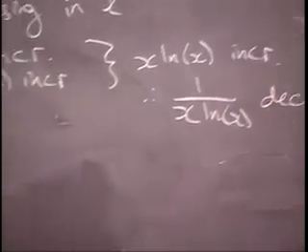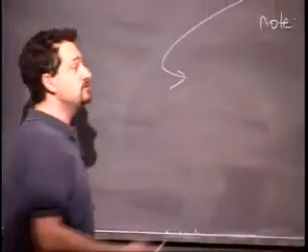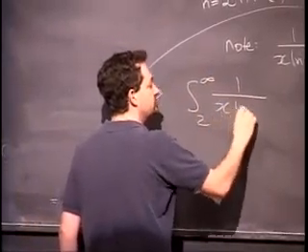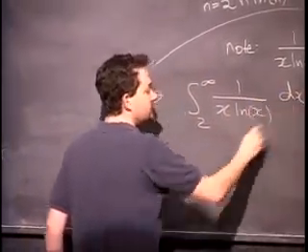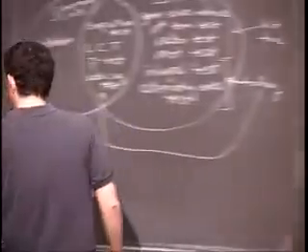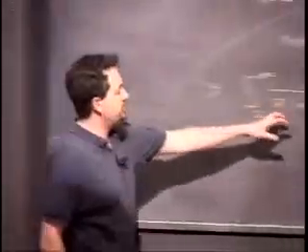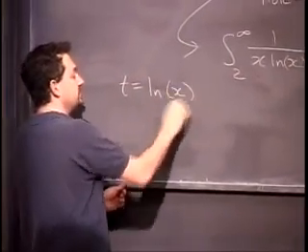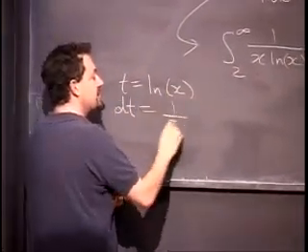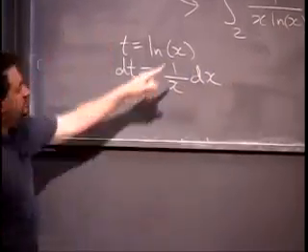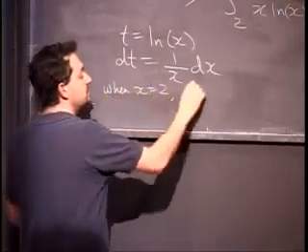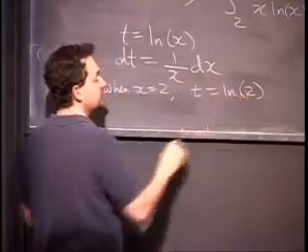But in any case, take a look at this integral. We want to just see whether the integral converges or diverges. Well, we've already looked at this problem a few weeks ago. We saw that the way to do it, given the tricky relationship between log x and 1 over x, is to substitute. We put t equals log x, so dt is 1 over x dx. Also, we've got to pay some attention to the bounds. When x equals 2, t is logarithm of 2.